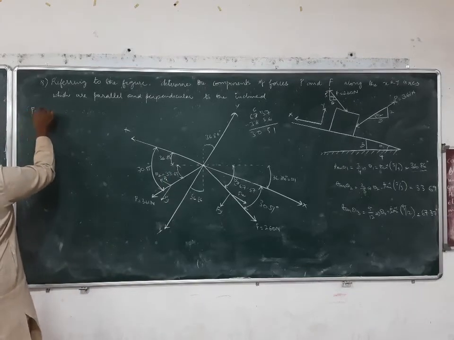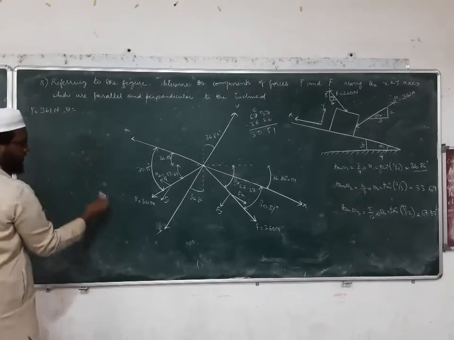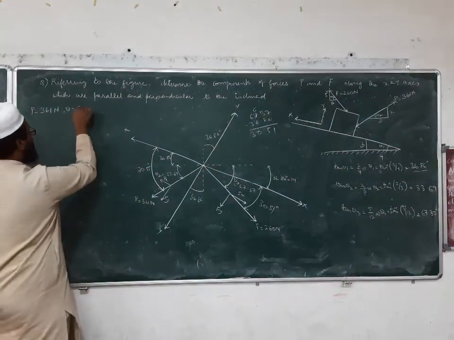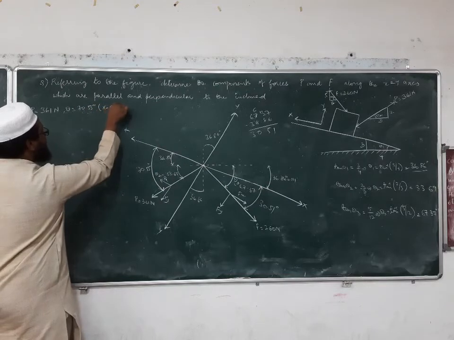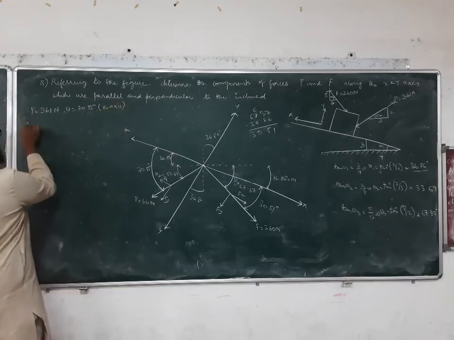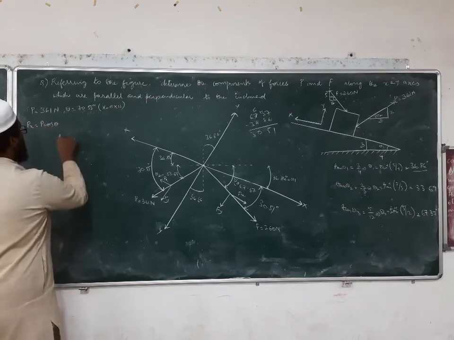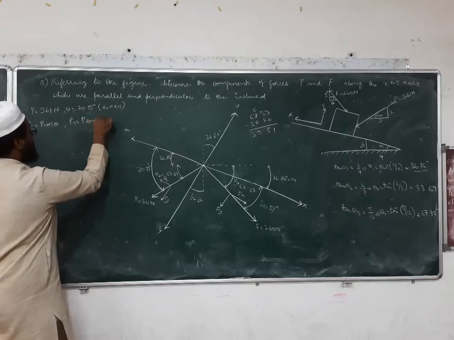P is equal to how much? 361 newtons, and theta is equal to 70.55 degrees. With which axis? X axis. So what will happen to Px? Px is equal to P cos theta, and Py is equal to P sin theta.